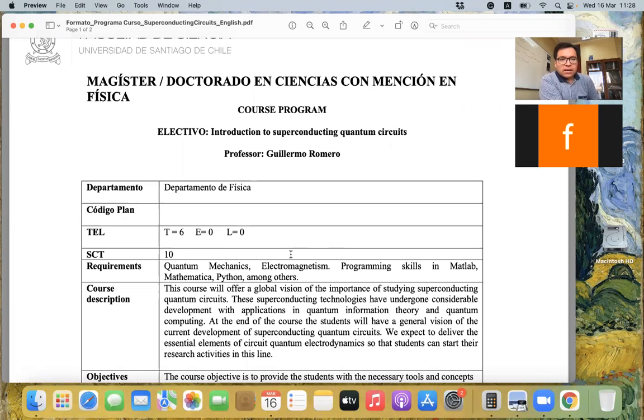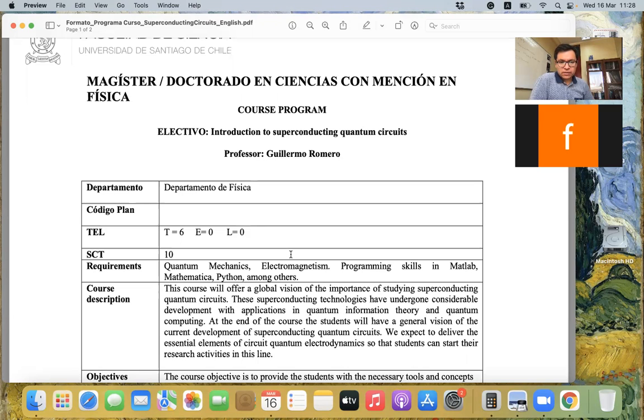Of course, this is an introduction to superconducting quantum circuits, and you probably have heard about this quantum platform, which is a very hot topic these days in the physics community.